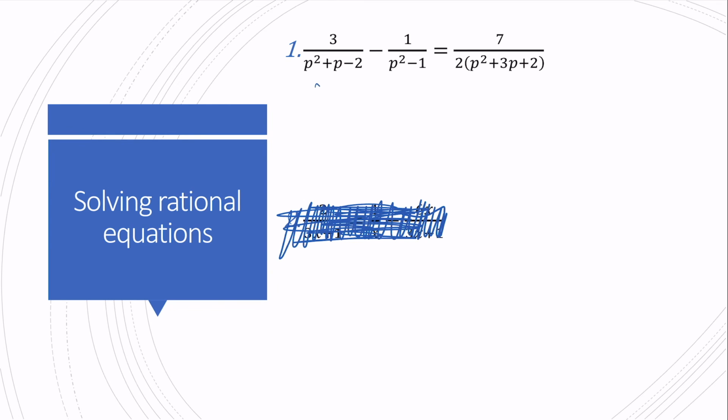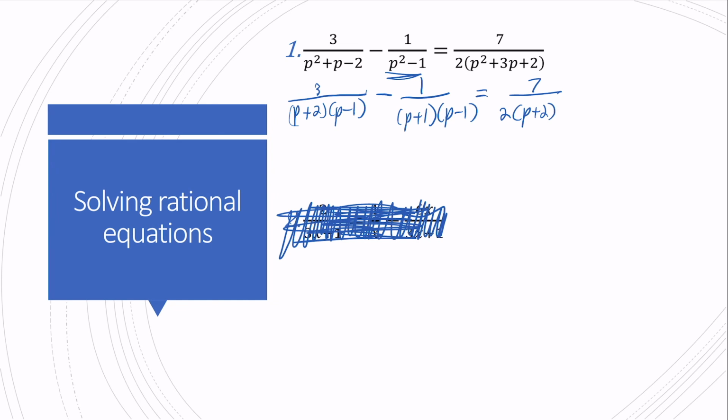So I have 3 over p plus 2 times p minus 1, minus 1 over p plus 1, p minus 1, because this is a difference of squares, equals 7 over 2 times p plus 2 times p plus 1, because 2 times 3 is 2 and 2 plus 1 is 3.